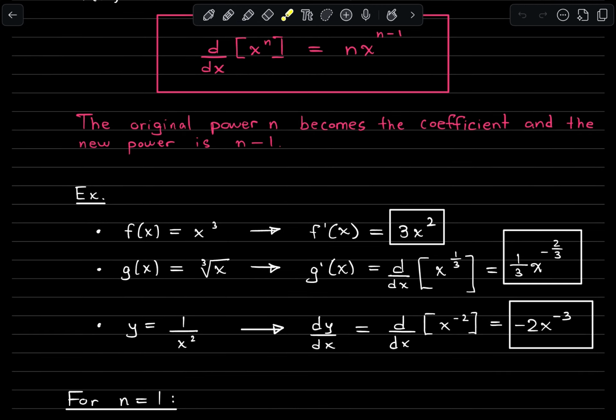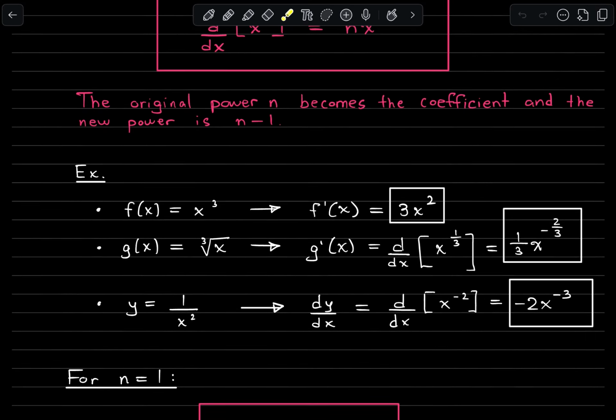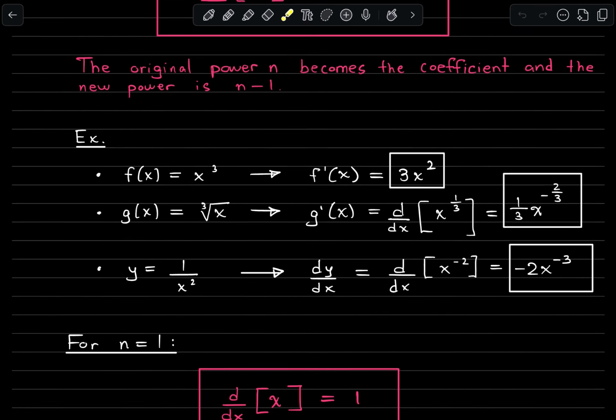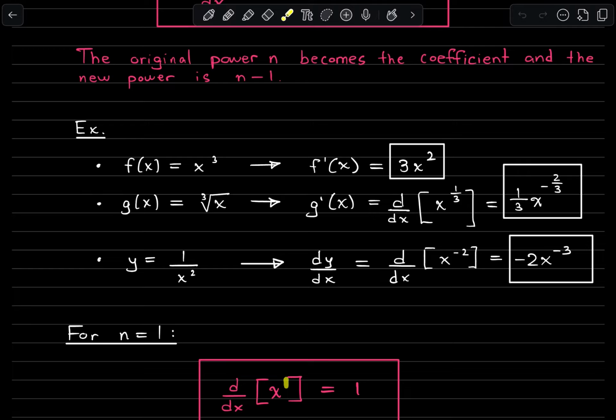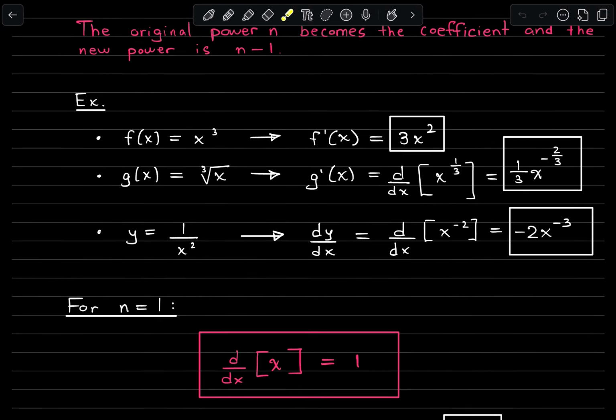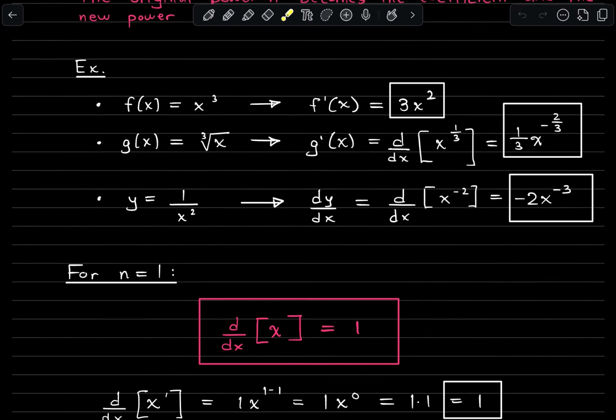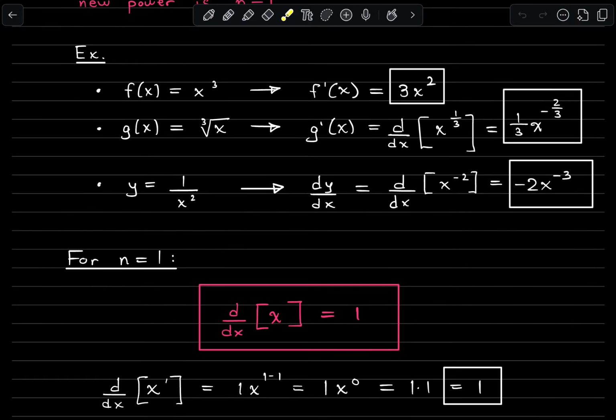Now, we have a special case here when n is equal to 1. When that power of x is equal to 1, it looks like just x, right? x raised to the first power is just x. So the derivative of this is just 1. The reason this works is that with x raised to the first power, you use the power rule: you bring the 1 down, and 1 becomes the coefficient of x.